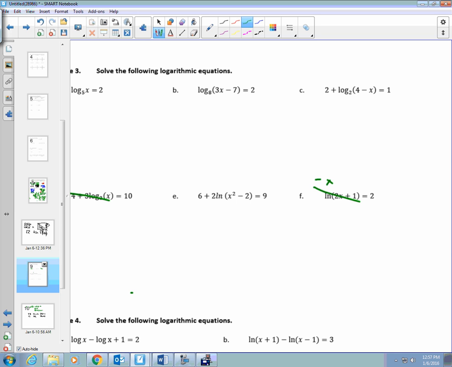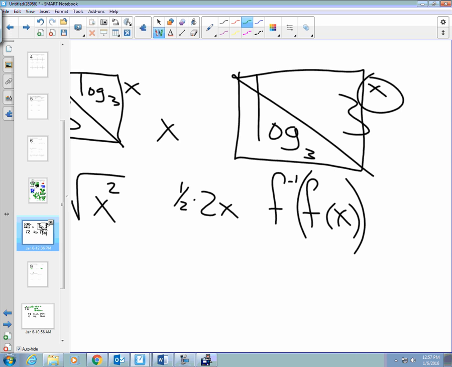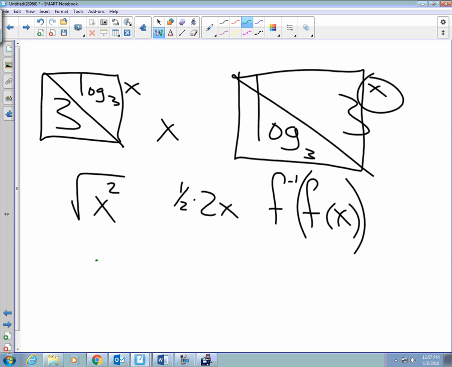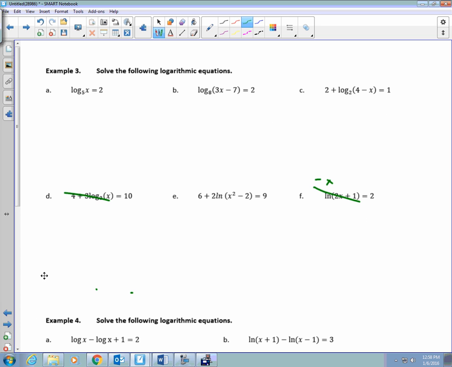And you remember from where we first started out that I put this on the board for you, that if you have a base of 3, the log base 3 will cancel. So in this situation, in order to get rid of that base 5, I create a base of 5. So what that reads is 5 to the log base 5 of x is equal to 5 to the second power.